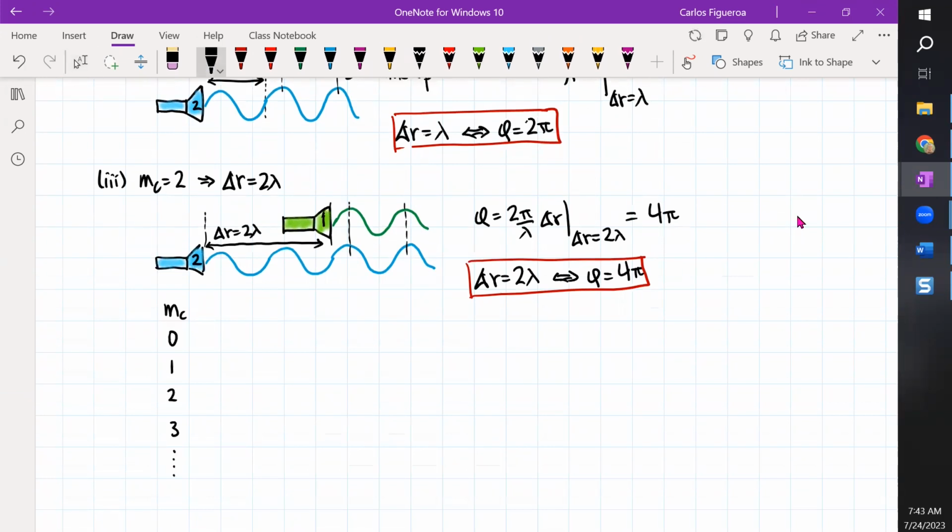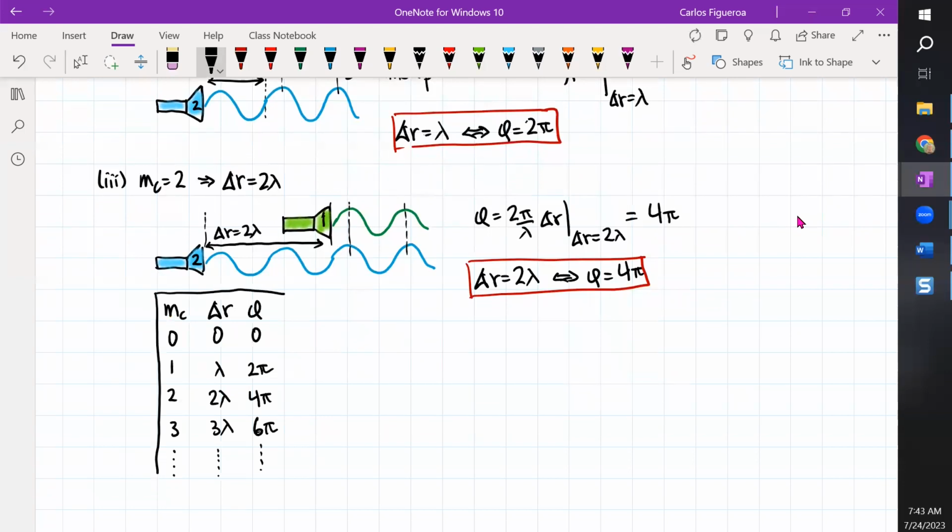Then if I look at my path difference, delta R, this will be 0 lambda, 1 lambda, 2 lambda, 3 lambda, and it continues on. And then if I look at my phase, this will be 0, 2 pi, 4 pi, 6 pi. So my table is showing the pattern that's occurring.